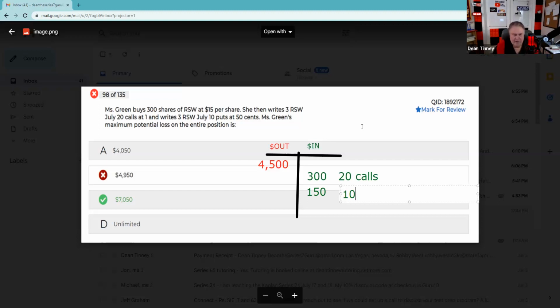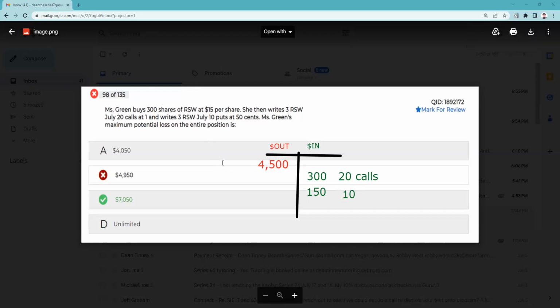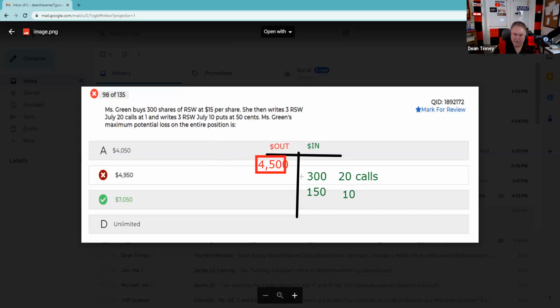Okay. So now it says, what is my maximum potential loss on the entire position? The first thing I think to myself is, well, if this stock goes to 0, stock always dominates. That's important. So to get my bearings in this question, it looks like what's really going on is me buying the stock. If this stock goes to 0, I'm going to lose $4,500 there.